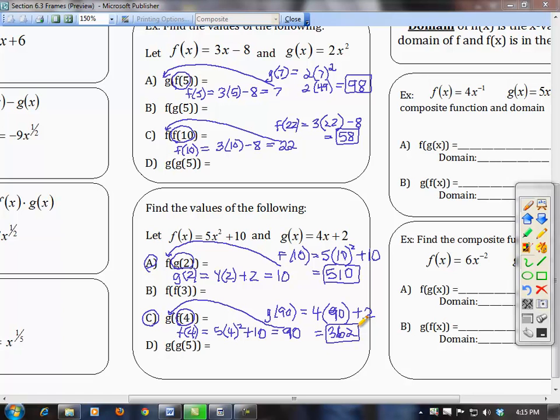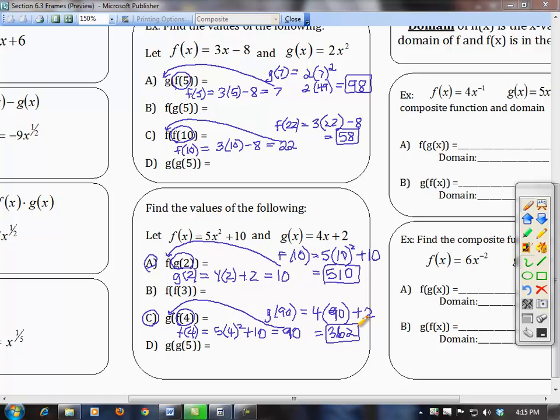And there you go. The number composites are really, really nice. You plug one number into a function, whatever number you get, you plug into the other function. So the number ones are nice. It's the ones that we're going to do next that are a little bit more difficult.